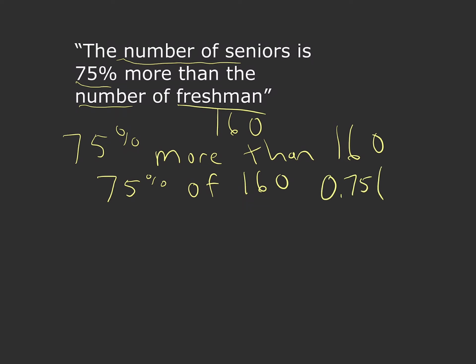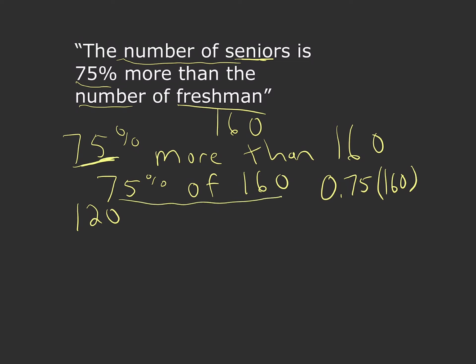You can go 0.75 times 160, and that comes out to be 120. Okay, so what does that mean? That doesn't mean that's the number of seniors. That is 75% of 160.